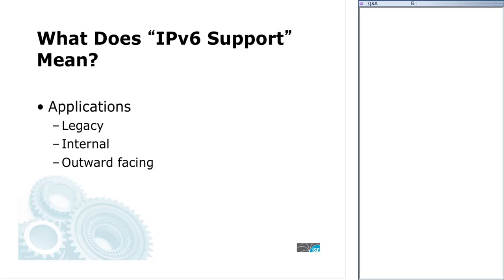Many applications assume that an IPv4 address is what an IP address looks like. They may not look for quad A IP addresses from DNS. They may be limited to IPv4 in other ways, and you may not be able to control exactly what they do, and that becomes an issue of working with vendors on upgrades or changes. And that's the sort of thing, as always, that you have to plan ahead for.